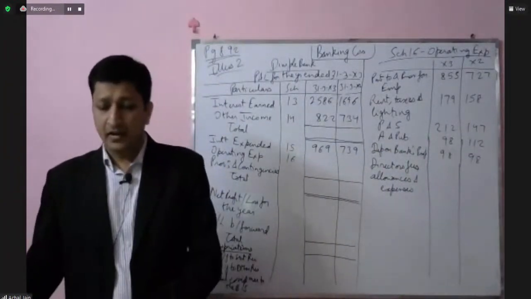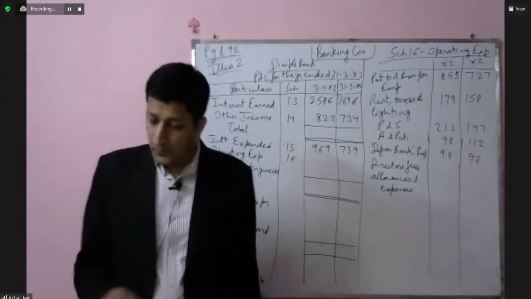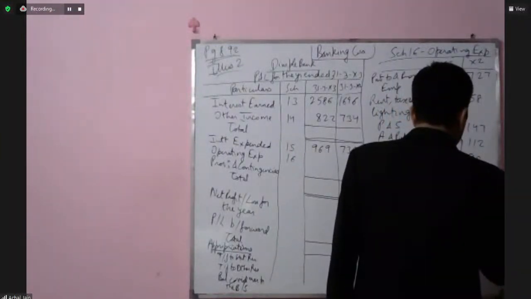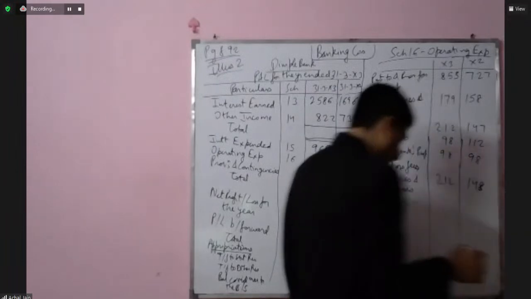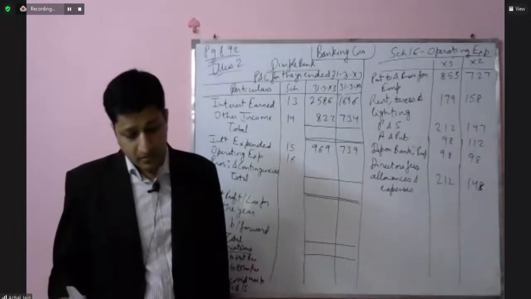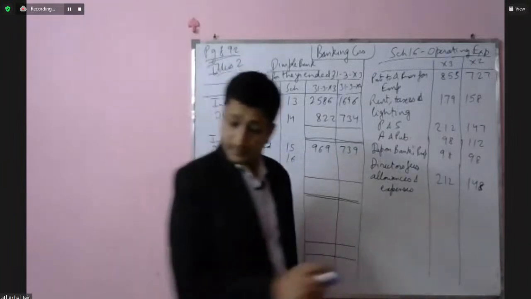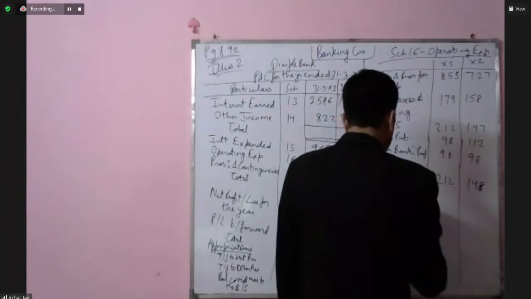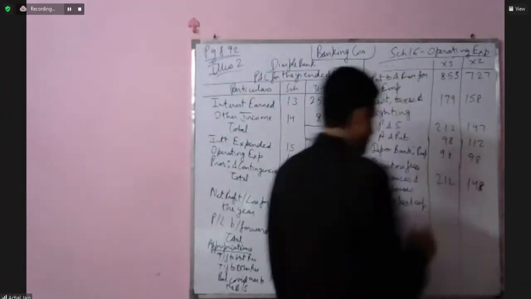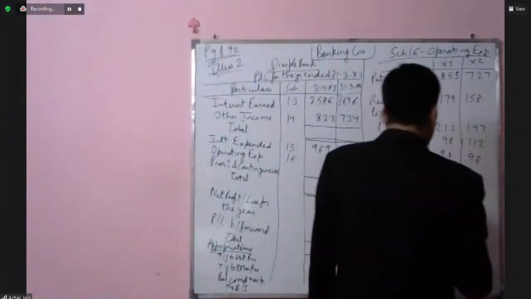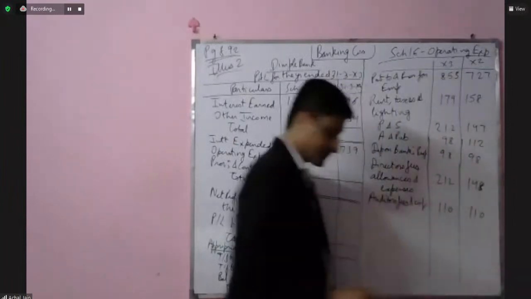So all of these are direct numbers. 212, 148. Auditors' fees and expenses. So this is 110 for both the years.